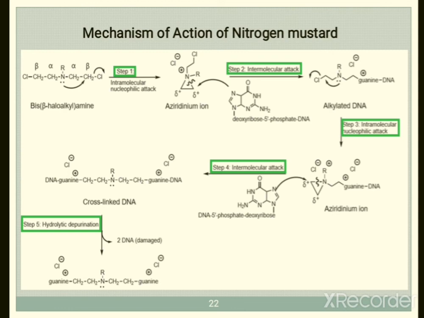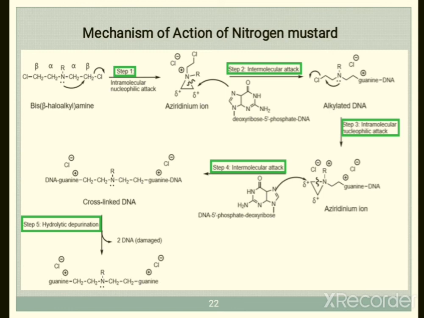Now next is the DNA strand. There will be 2 base pairs from both strands, and these nitrogen mustards form the cross-link between both strands. From one strand a purine or pyrimidine base will come, which has a nitrogen with a lone pair. You can see the structure of this purine or pyrimidine base.